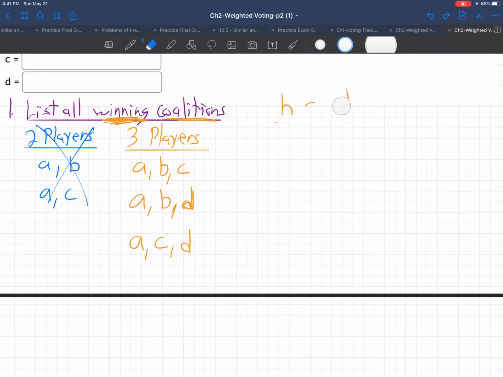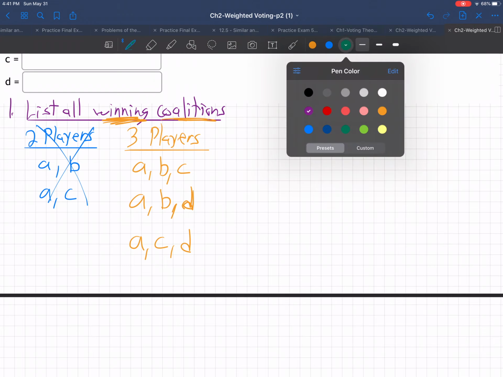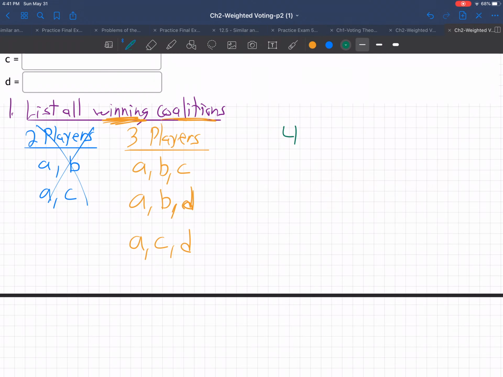All right, so now let's go to the 4-player teams. And find out who's winning on these 4-player teams. Well, there's only one 4-player team. It's A, B, C, D. It's all 4 players. And that's certainly a winning team. If everybody votes for something, it's certainly going to pass unanimously.